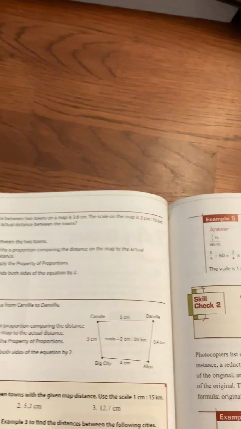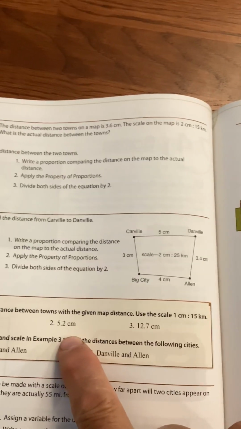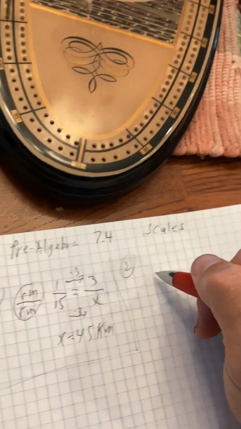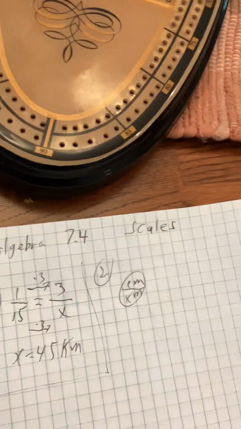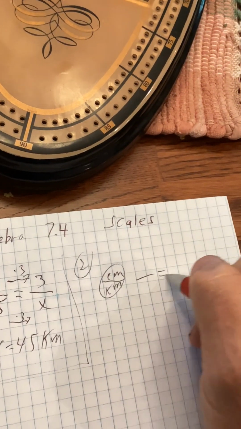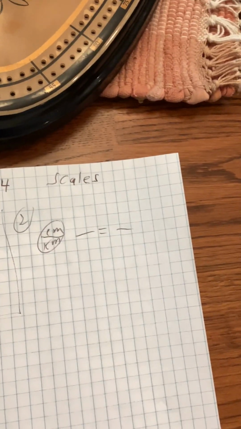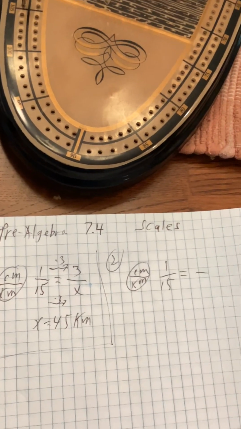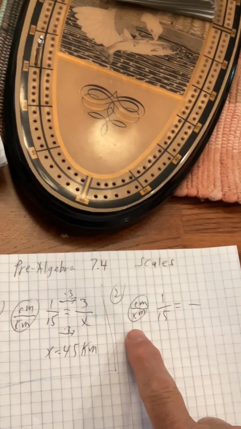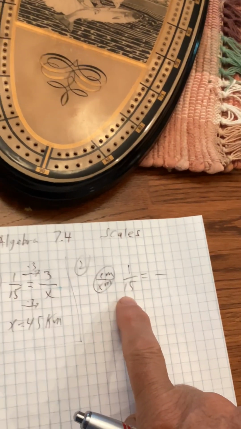Number 2. So 5.2 kilometers. So again, make the circle. I'm doing centimeters over kilometers. And I made my circle. Now I'm gonna obey my circle. The scale is 1 centimeter is 15 kilometers. And so the scale gives you the circle, and it gives you half your proportion.